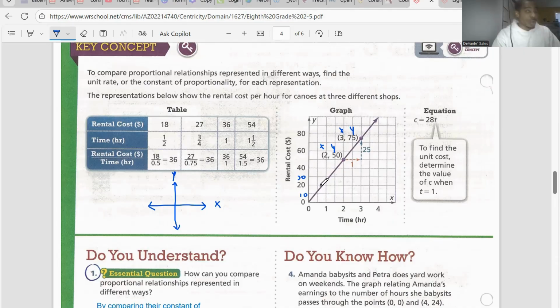So this graph has a constant of proportionality of what? 25. So there's two different ways you can find your constant of proportionality in your graph. Identify wherever your x value is 1, or you divide your other points, divide your y value by your x value. Can I get thumbs up if y'all understand what I'm saying with that?